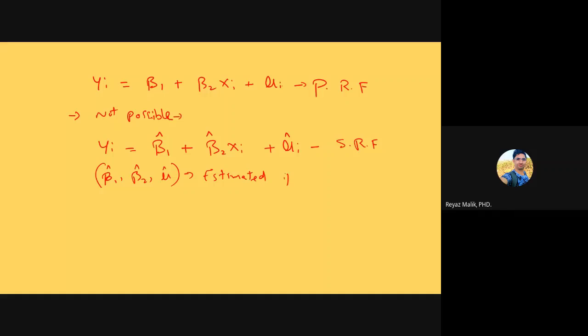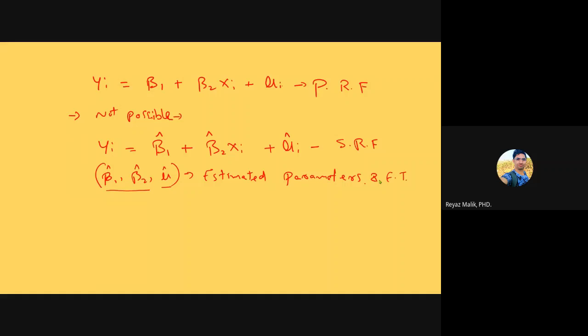Remember, there are only two parameters in it; don't include a third one. These are the parameters, and this is the error term. So beta 1 cap, beta 2 cap, and u cap are called estimated. That is how it is differentiated from the population regression function, by putting the cap on it.